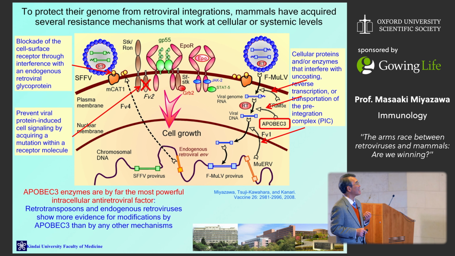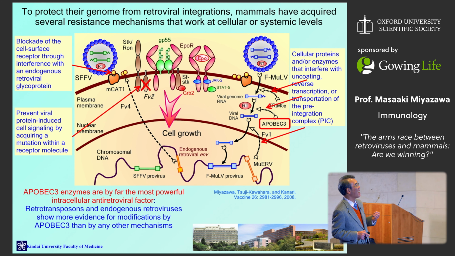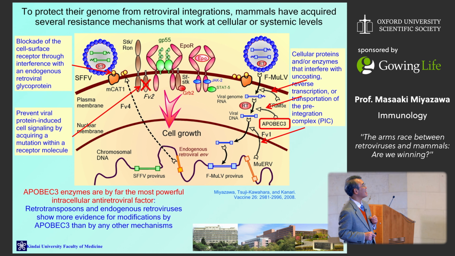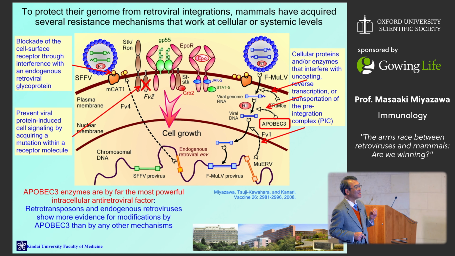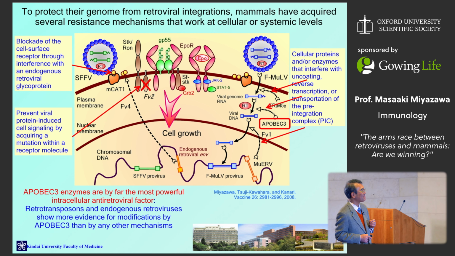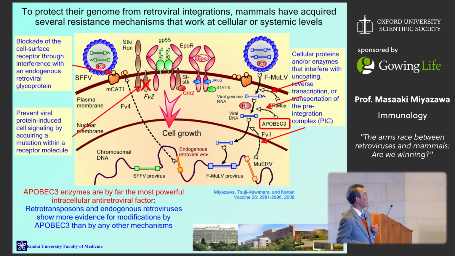So among these different mechanisms of mammalian cells that interfere with the replication of retroviruses, APOBEC3 is by far the most effective, and there is a lot of evidence supporting that during the evolution of mammals, APOBEC3 has worked as the strongest restriction factor against retroviral infection.